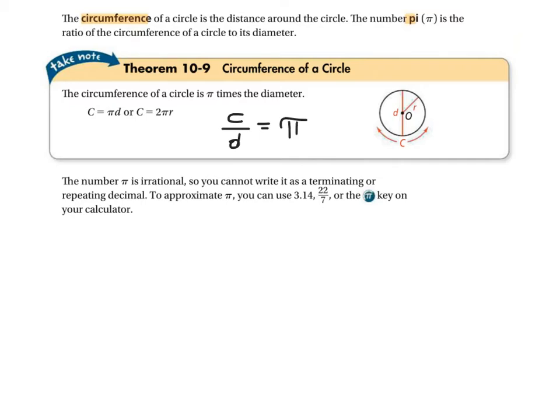Pretty neat, right? In fact, that's where pi comes from. So if you multiplied both sides by d to clear it off of the left-hand side, you'd get circumference is just pi times diameter. It's just another way of writing that. And that's what you see here.